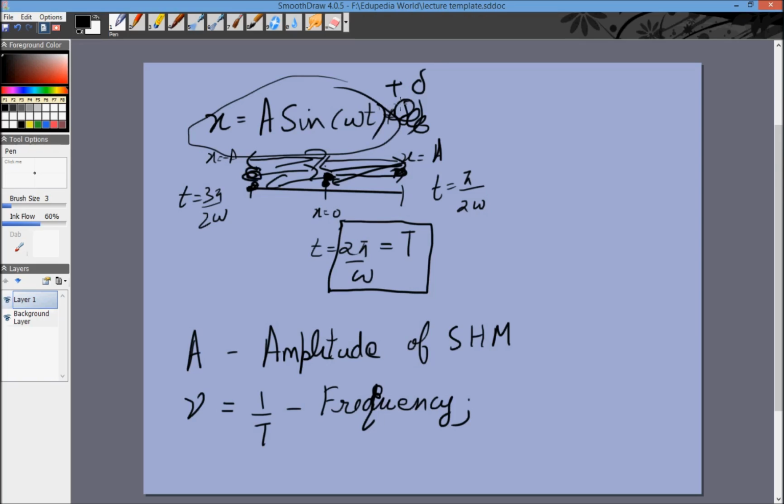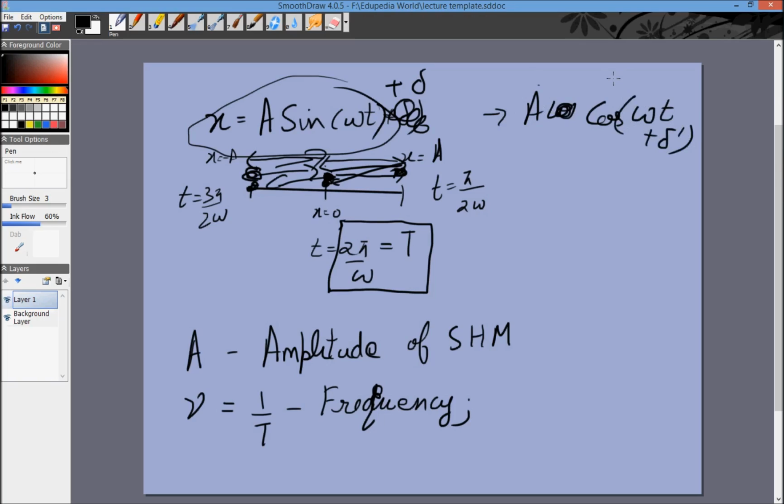So delta relates to the initial condition, and if delta is 0, that means it started at the origin, but if delta is something else, that means it started somewhere else. Also, we could always change delta by a factor of pi by 2, and this would become a cos omega t. This is the same equation, except now it will be some other delta.